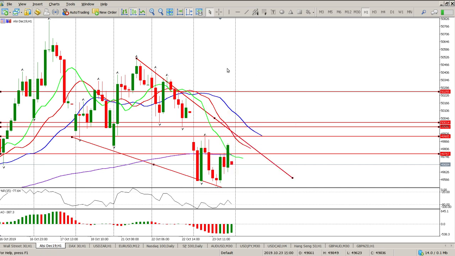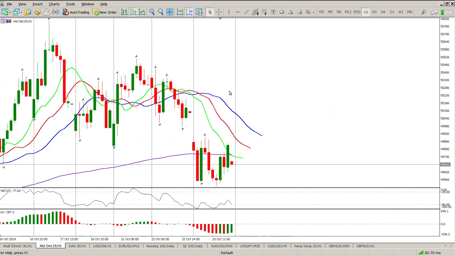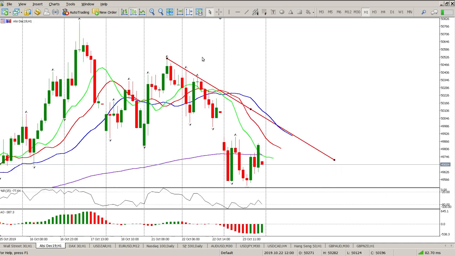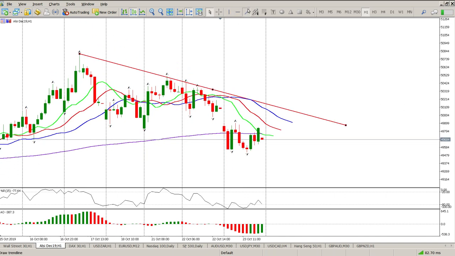But at this stage, let's just delete all the noise. What could transpire here is the following.